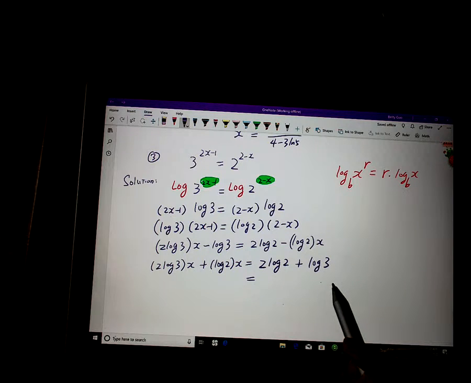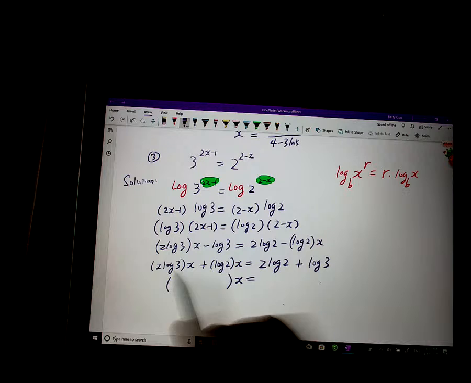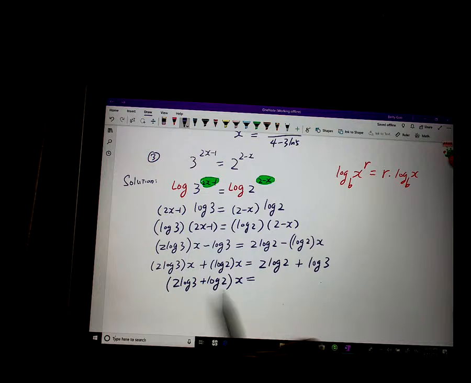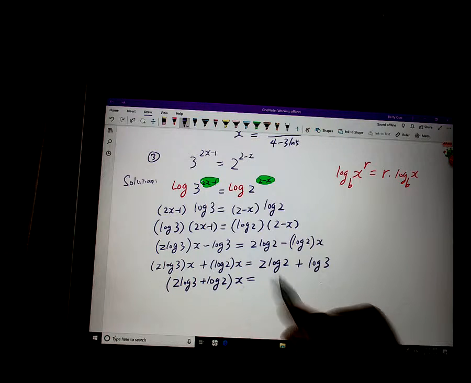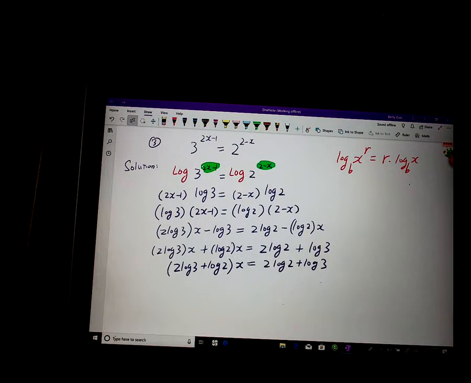Like terms are collected. Let's combine like terms. Combine their coefficients. That is 2 log 3 plus log 2, inside the parentheses, times x. On the right, we have 2 log 2 plus log 3. One more step to isolate x.